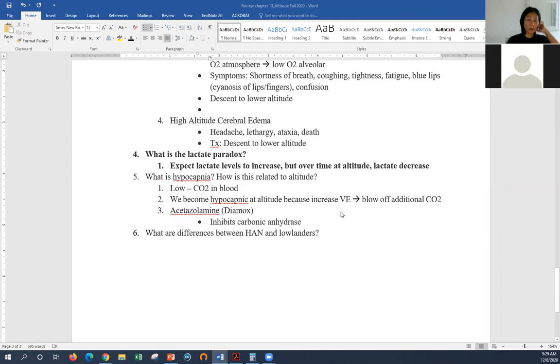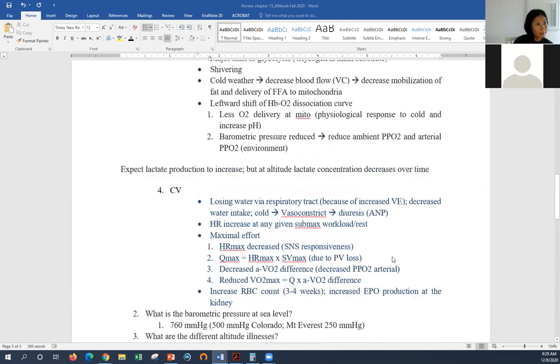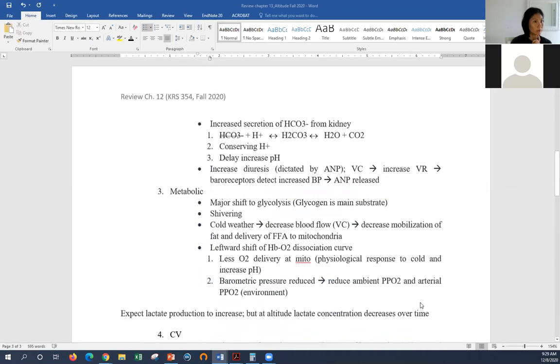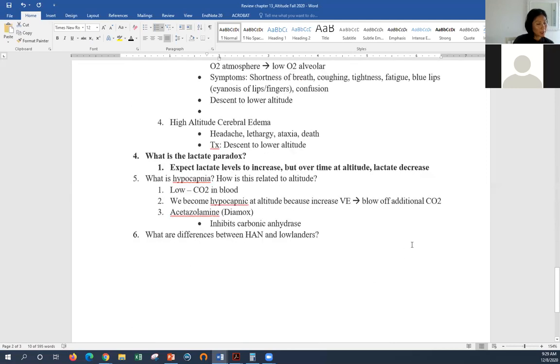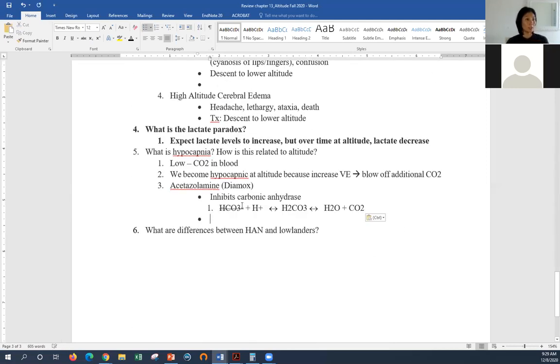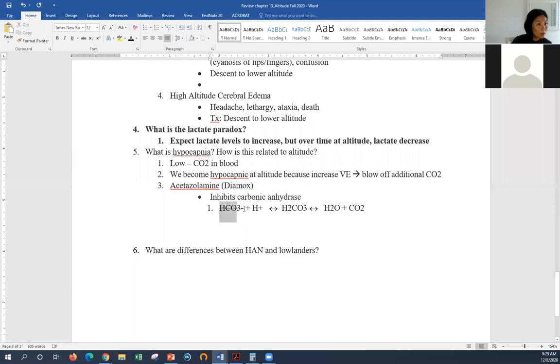So what this means is, if you recall from up here, I'm going to copy and paste this equation down here. If you recall, our hydrogen ions bind to bicarbonate to form carbonic acid, and this dissociates at the lungs where we blow off CO2. So if we inhibit carbonic anhydrase, we're going to inhibit this reaction from occurring.